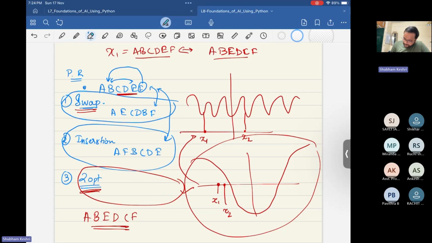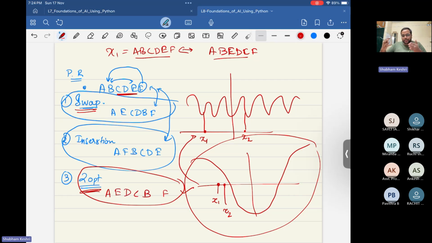I'll give you another 2-opt. Suppose you just keep A and F the same and alter everything else: E, D, C, B. So this is the 2-opt. You are keeping A and F the same, and altering B, C, D, and E. So this is one neighbor of this, right? 2-opt.